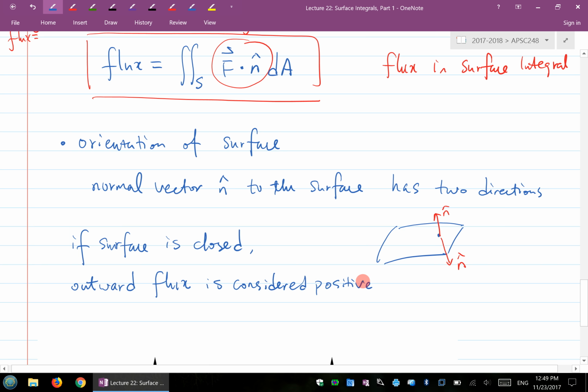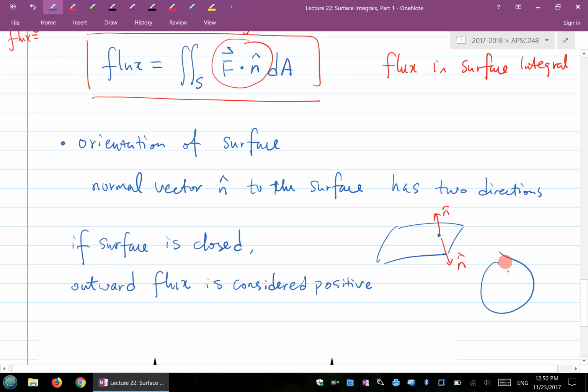Basically, you place your surface inside a vector field, which represents certain moving of a certain quantity. And if I ask you, what's the outward flux through this surface? When the question is asking like that, then when you calculate the surface integral, the n hat should be pegged to which direction?